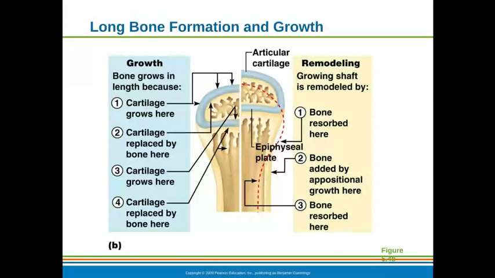Figure 5.4b outlines these two side by side. So our cartilage grows here, it's replaced by bone here and here, and eventually, as it continues to grow, bone will be reabsorbed here. We see this outline of where the bone was, and it will continue to grow following appositional growth here, and then bone will be reabsorbed from what was right here.